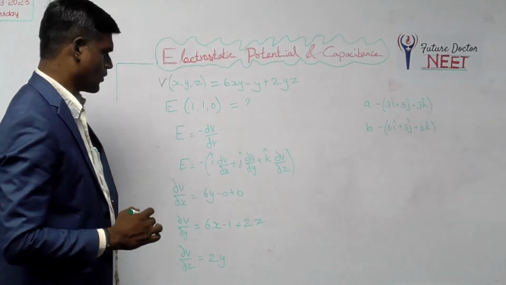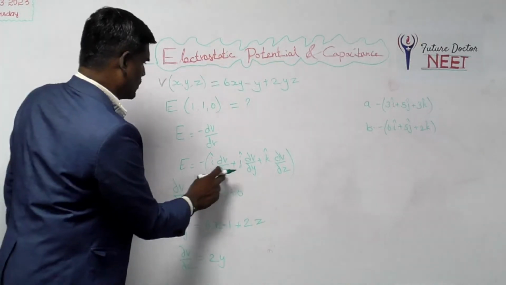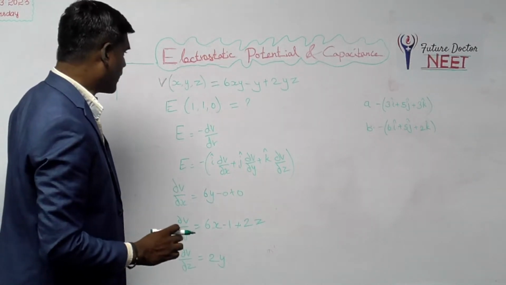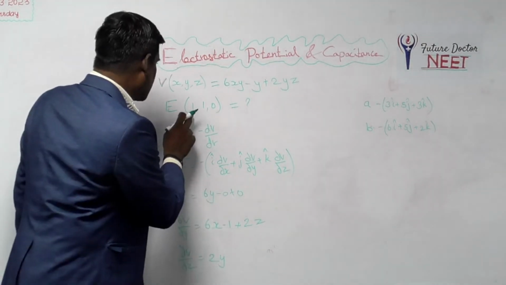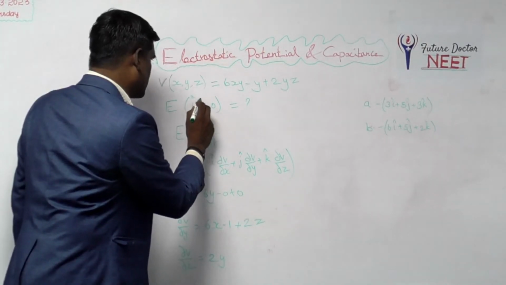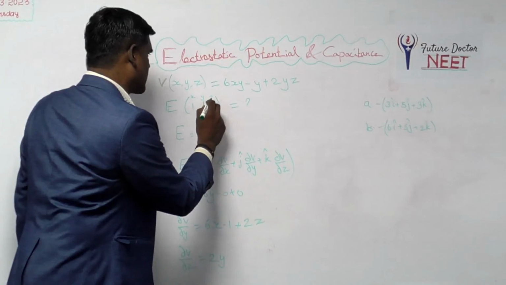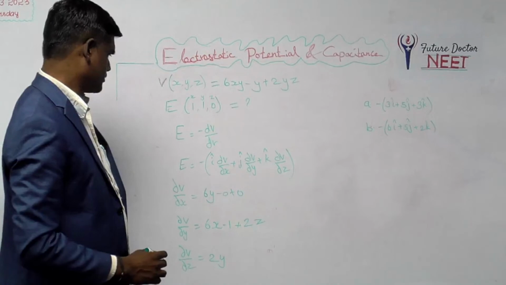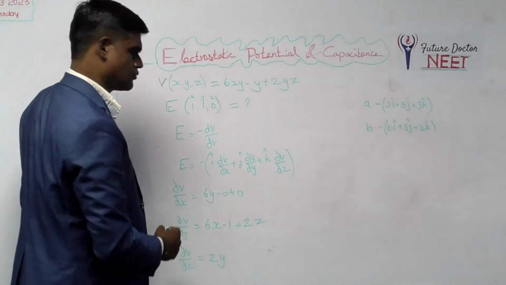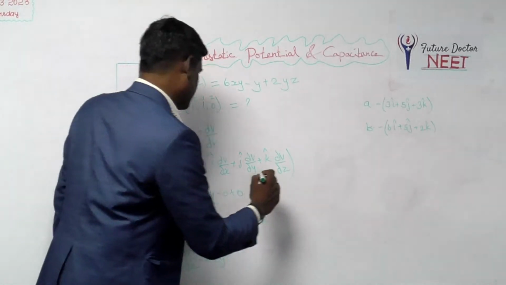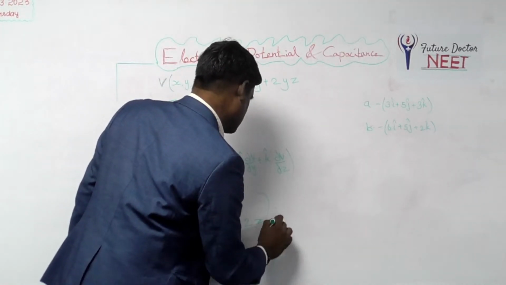Okay. Now you want to substitute this here, and substitute x equal to 1, y equal to 1, z equal to 0.